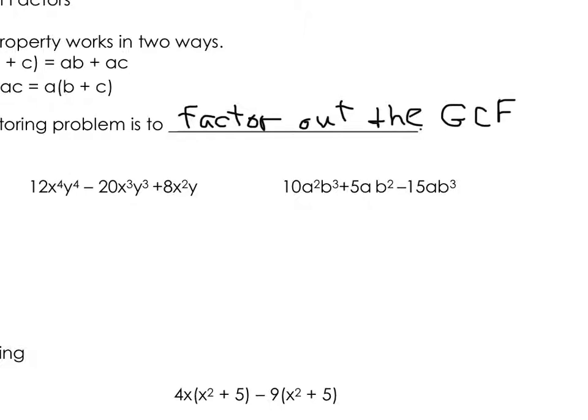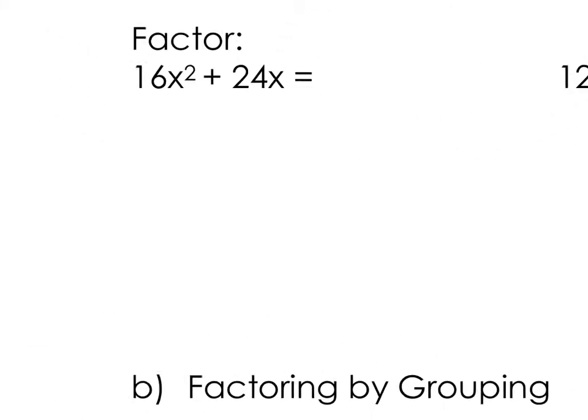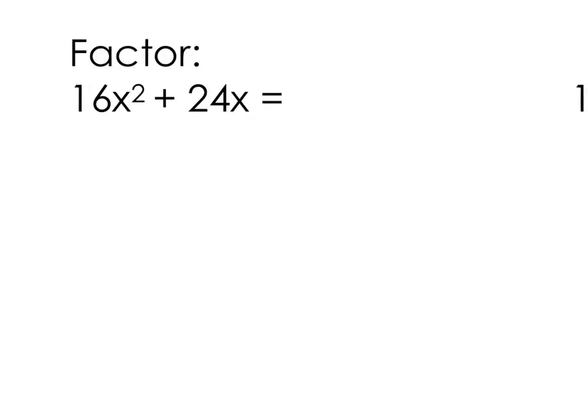So in this example, we're trying to determine the greatest common factor. 16 and 24, the largest number that divides evenly into both of those is 8. X squared and x, both of them have a factor of x, and the smallest exponent that x is raised to is the first power. So 8x is our common factor.